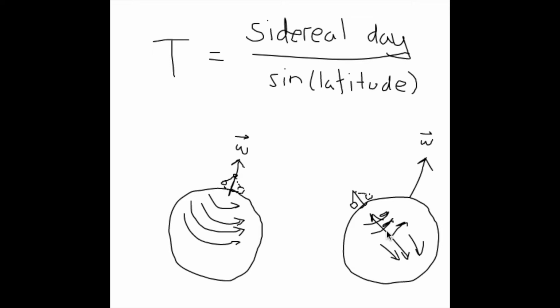Now, since this component of the rotation vector, the effective rotational vector, and by effective I mean the portion of the rotational vector which is actually rotating the Earth around it, is going to be smaller than the full rotational vector because it's only a component of it.